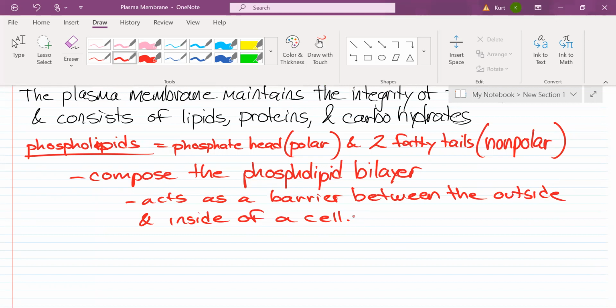So cells do run the risk of bursting if too much water comes in. It's called lysis, or they just lyse, or they could shrivel up and be totally dehydrated if all the water escapes. You want to prevent that. So that's what this membrane tries to do.